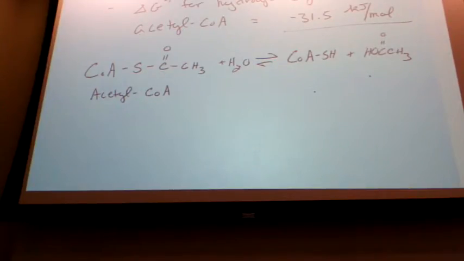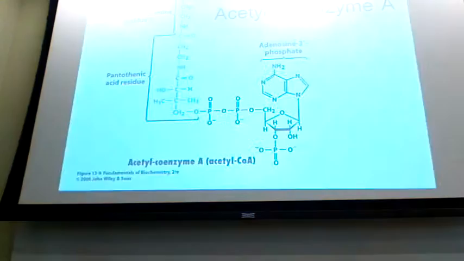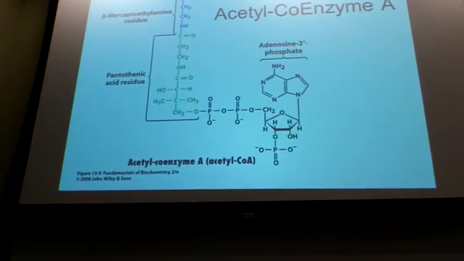Okay, so this is why we're not going to learn the structure for coenzyme A. We've got lots of other stuff to memorize, so this is one that we won't worry about. We will always use the abbreviation, but it is something that we're going to see over and over again in different reactions.